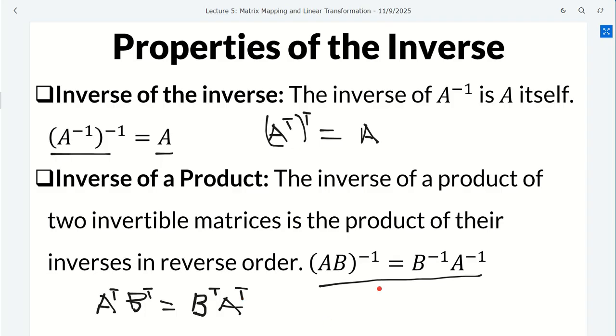We are seeing the same thing here for the inverse. When you have two matrices multiplying and you find the inverse, it is the same as multiplying their individual inverses in reverse order.